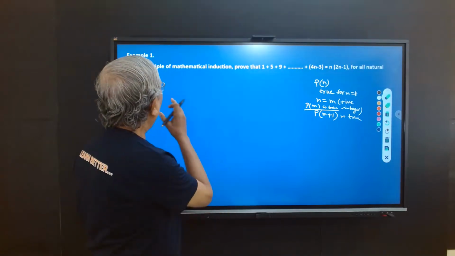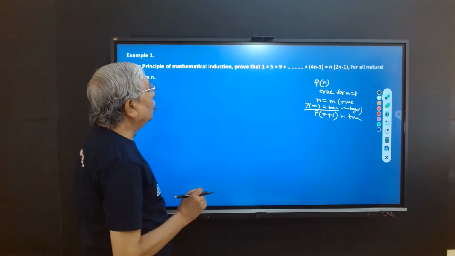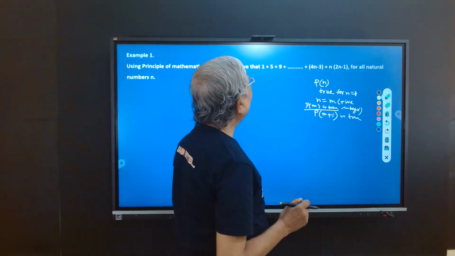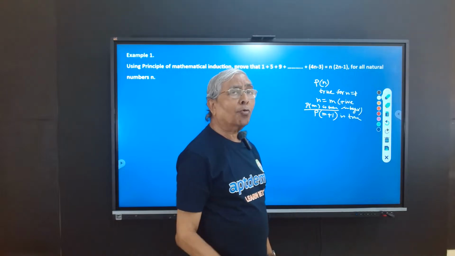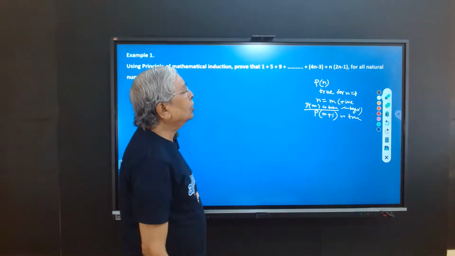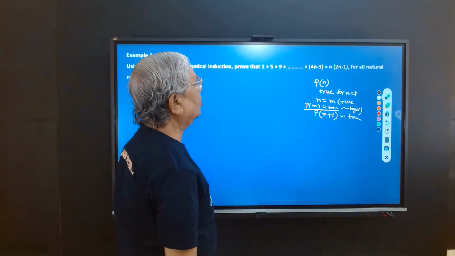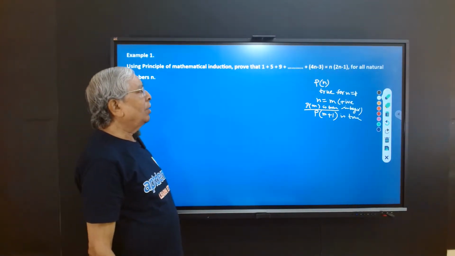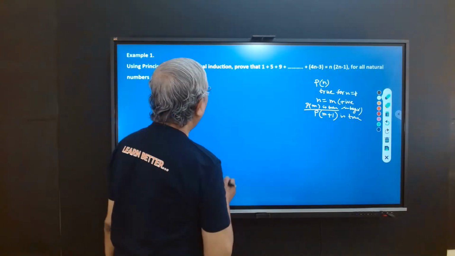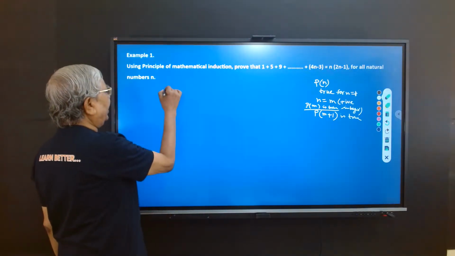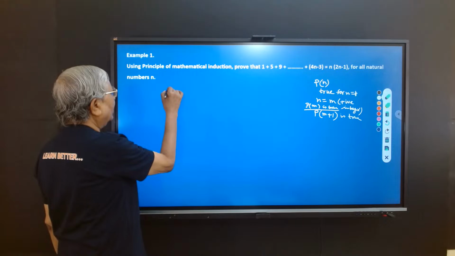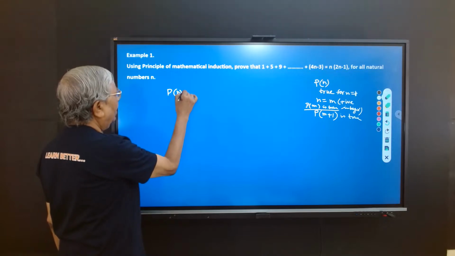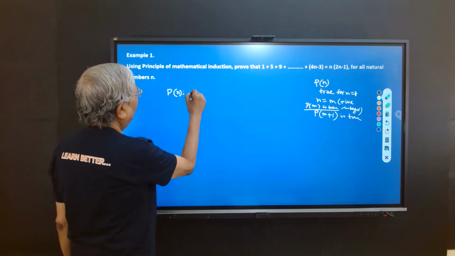Now, come to the problem. Using the principle of mathematical induction, prove that 1 plus 5 plus 9 up to 4n minus 3 equals n into twice n minus 1 for all natural numbers n. So we'll take the statement as Pn. So what is the statement Pn?